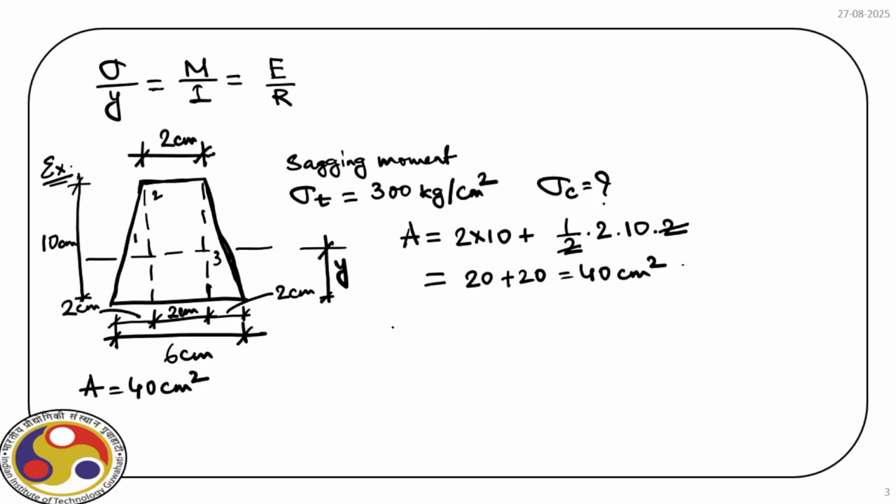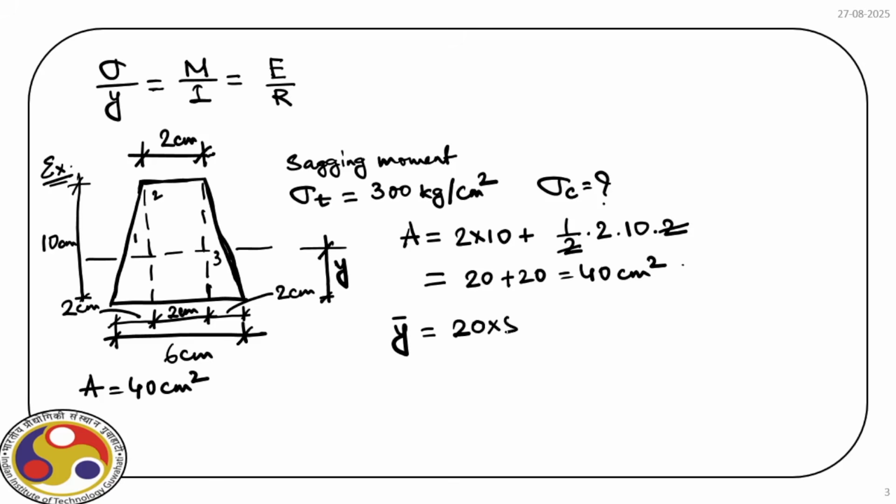Next we find out the location of CG, and for that we consider the rectangular cross section whose area is 20 and we take the moment of this about the base.